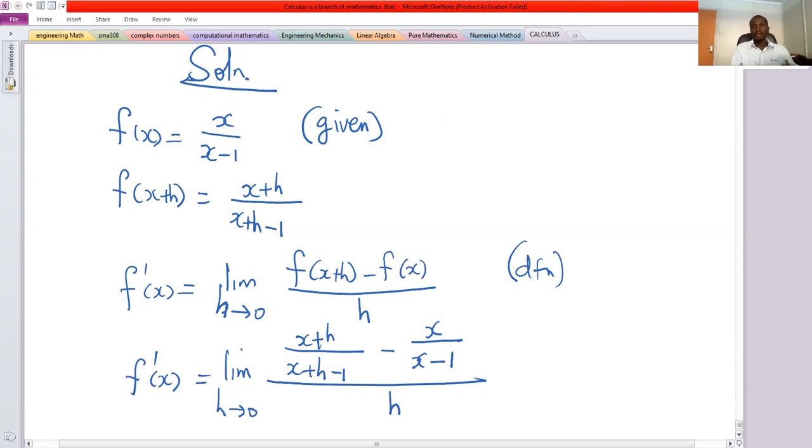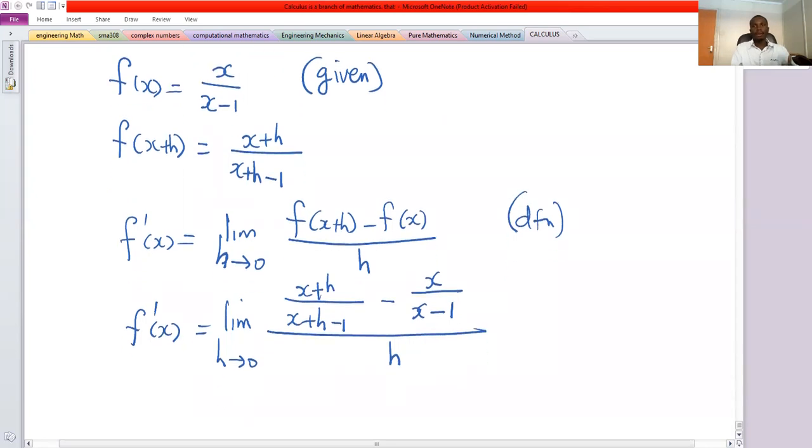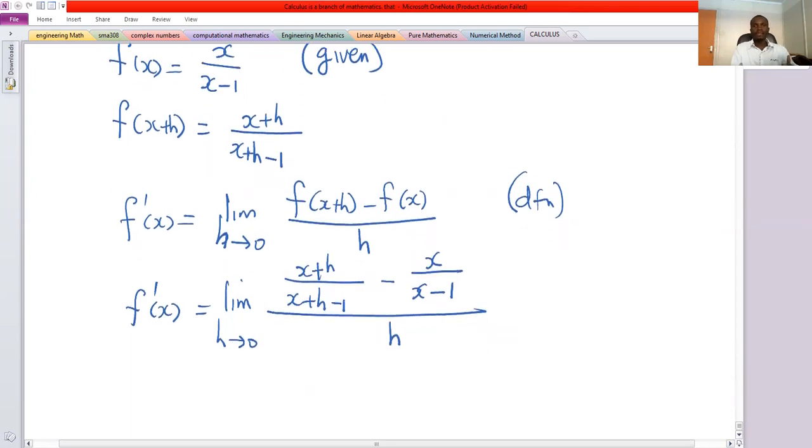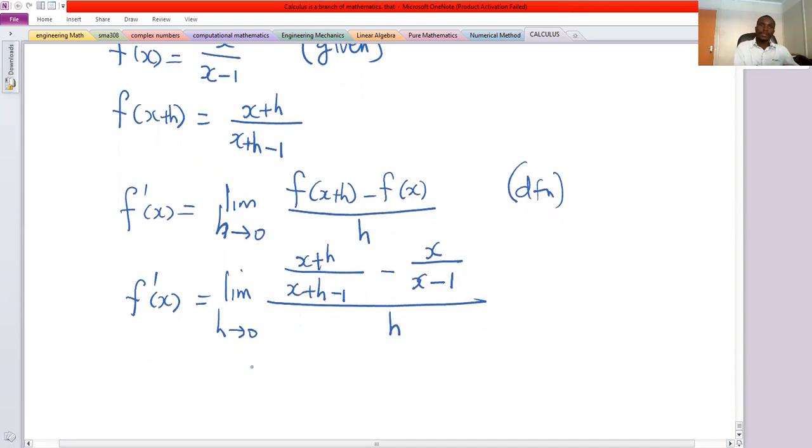That's just by replacing in the values of f of x plus h and f of x. So the numerator, we have x plus h over x plus h minus 1 minus x over x minus 1.